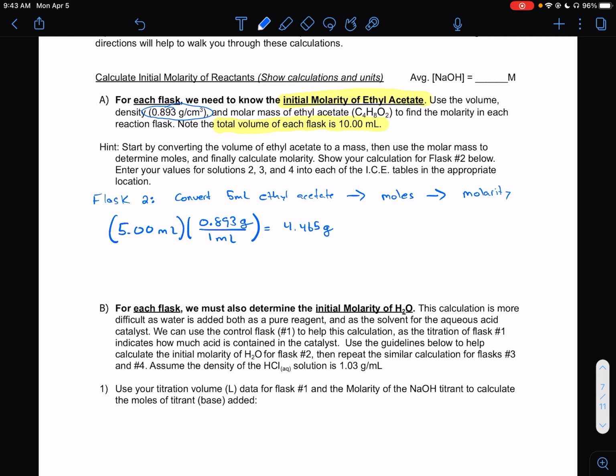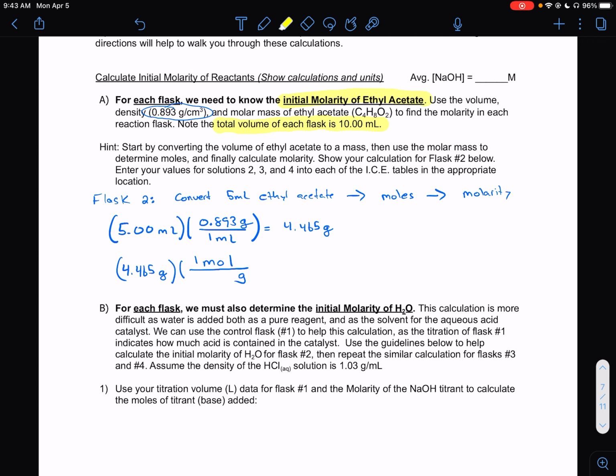Then what we need to do is go to moles. So I'm going to take that 4.465 grams and divide it by the molar mass, grams per 1 mole of ethyl acetate.